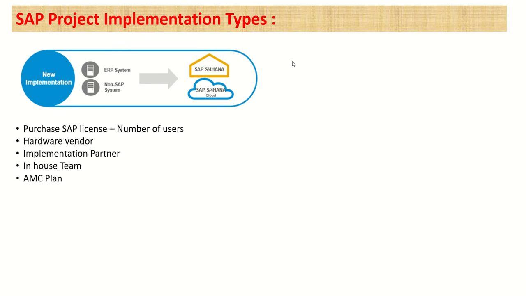So every company going for a fresh SAP implementation first needs to purchase a license from SAP. After that, they either purchase the hardware or rent it from a service provider like Azure, Google, AWS. Different hardware providers are there in the market.